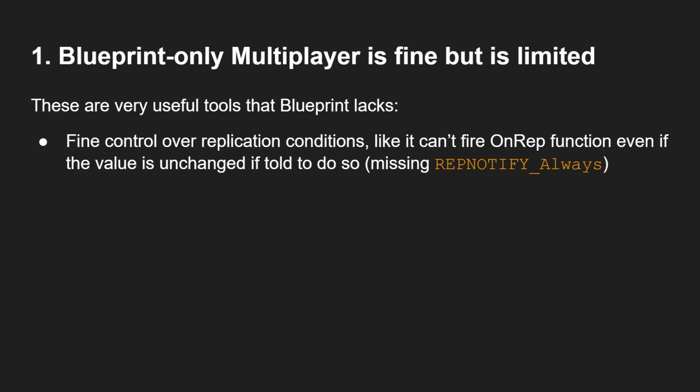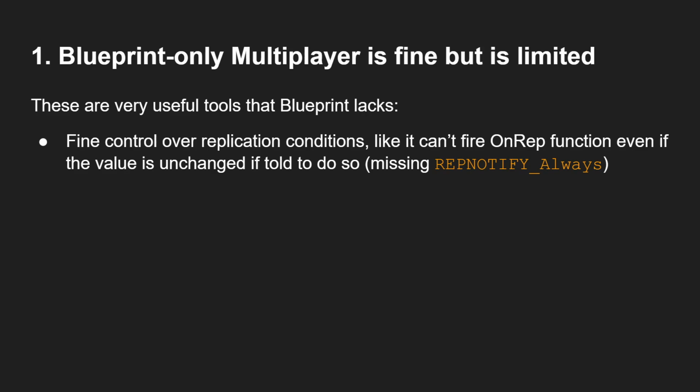And you might say, okay, that's normal, if it's not changing, I don't need this kind of replication callback taking place. Well, mostly that's a correct assumption. But sometimes you do want them to get called even if the local value did not change from the last server set value.